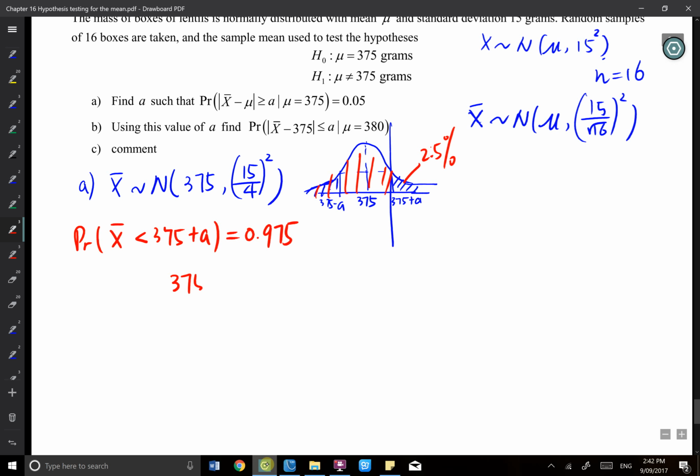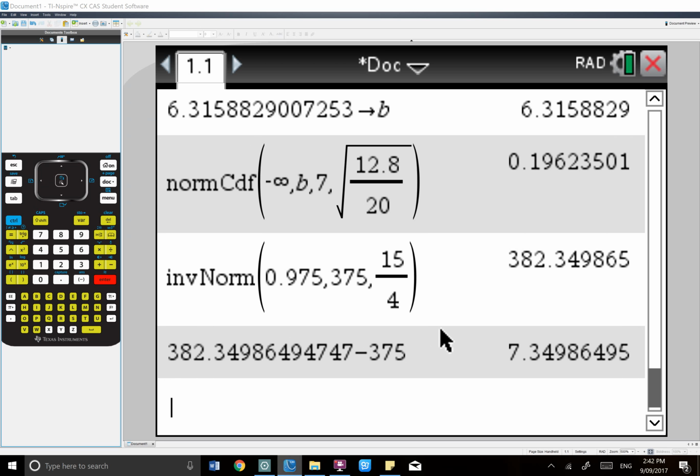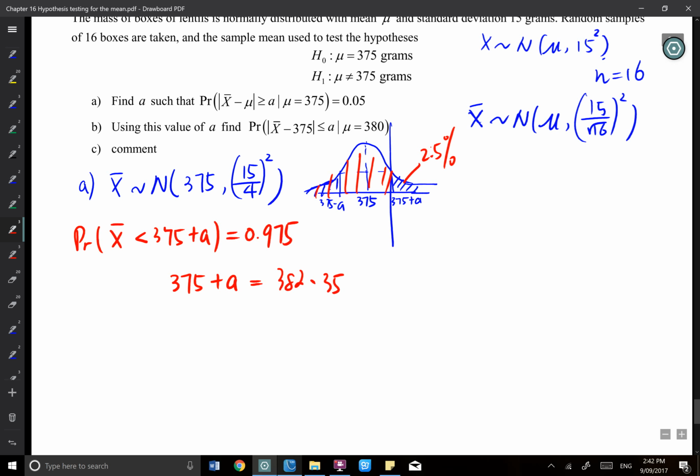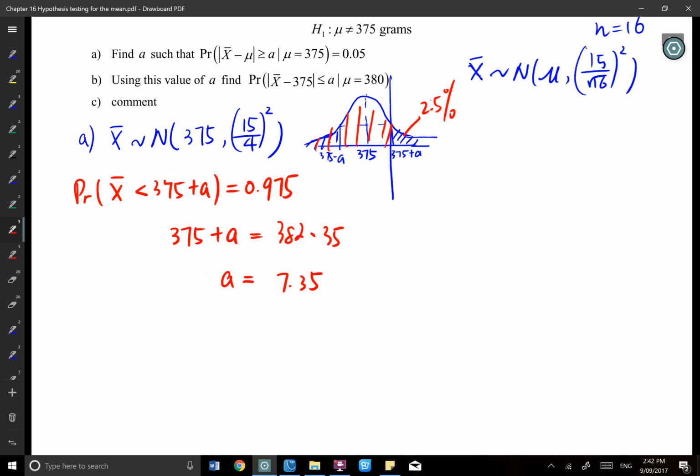I have 375 plus a equals 382.35, and then a is the subtraction of that, that's 7.35. Okay, a is that.